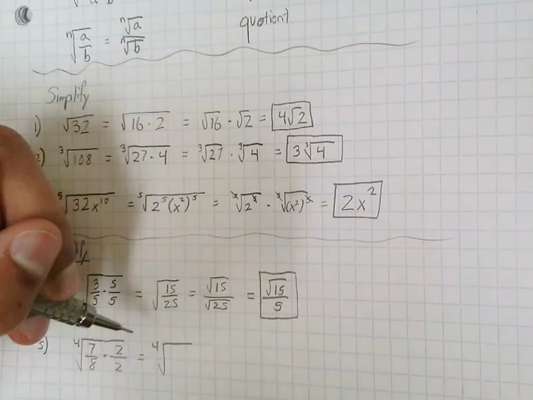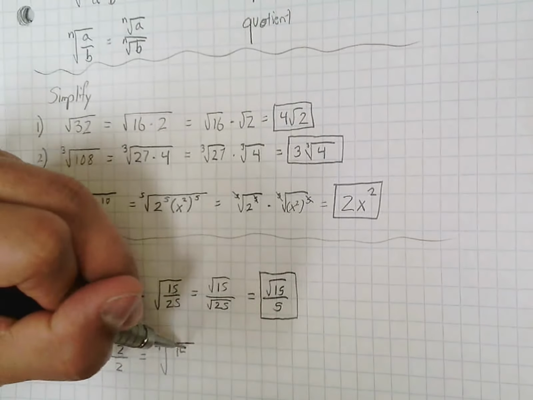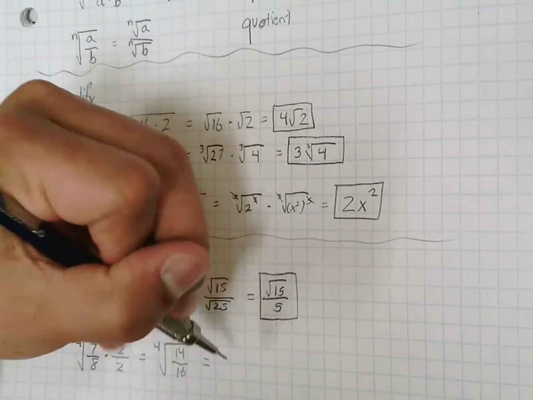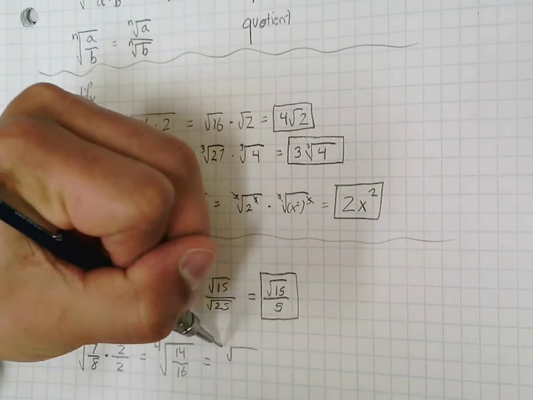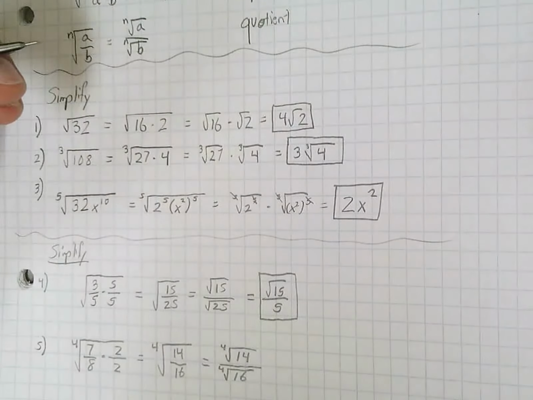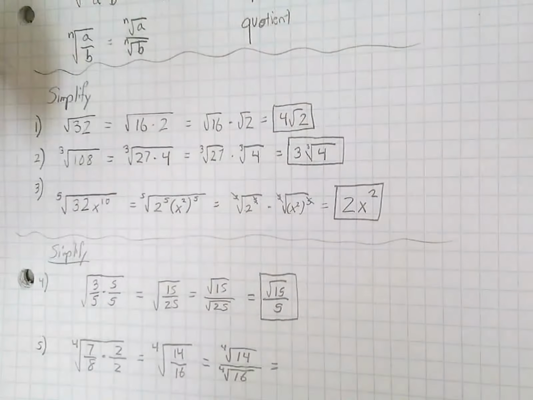So this becomes the 4th root of 14 over 16, which is equal to, using the quotient rule, the 4th root of 14 over the 4th root of 16. Well, now look what happens in the denominator.